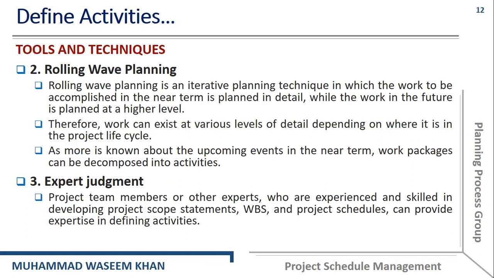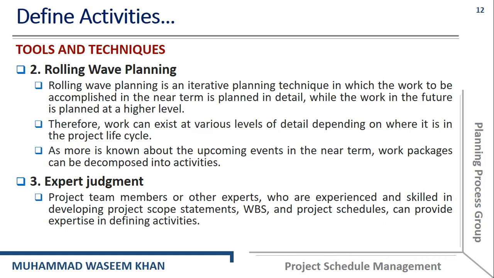So in this particular technique, the work that is to be accomplished in the near future is planned in detail, but the work in the far future is planned at a higher level. Therefore, the work can exist at various levels of detail depending on where it is in the project life cycle.